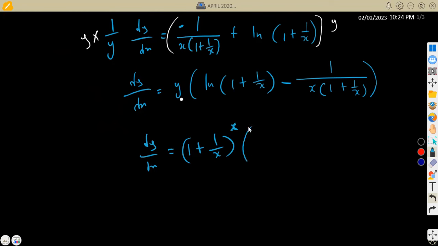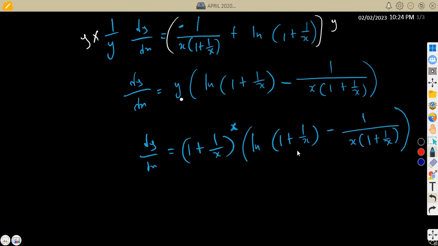Then the remaining part, we just write also as it is, which is ln(1 plus 1 over x) minus 1 over (1 plus 1 over x). All right, so that's what you're going to have at the end.